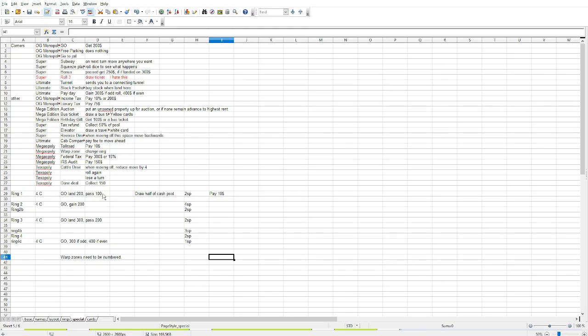See, unlike regular Monopoly, I don't have jail as a corner space. And that's actually one of those things that Megaopoly does, it has three different jails, because which jail you get sent to depends on which ring of the board you're in.